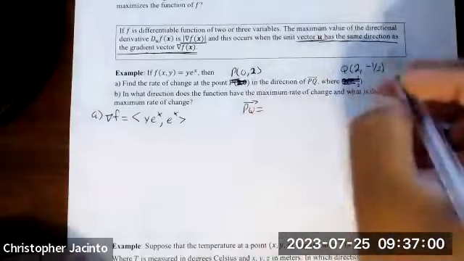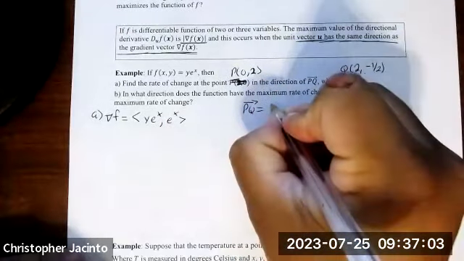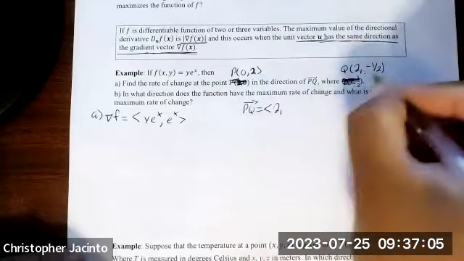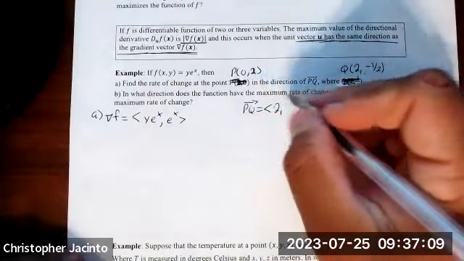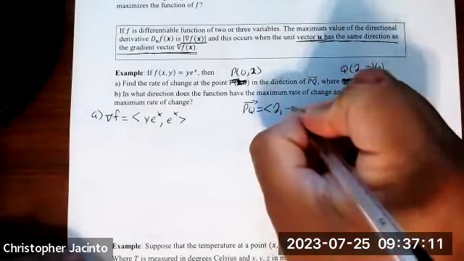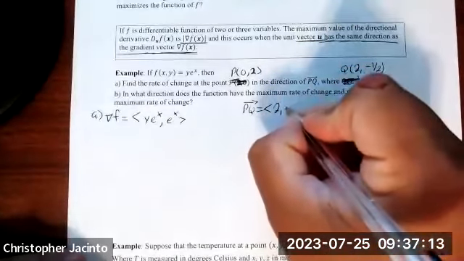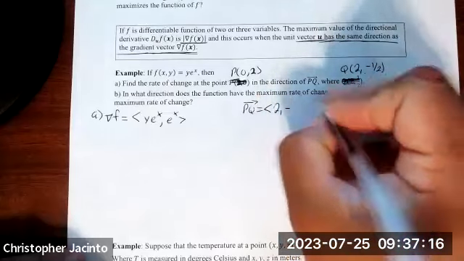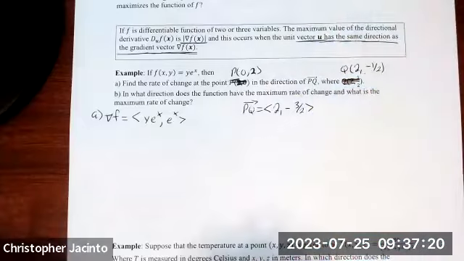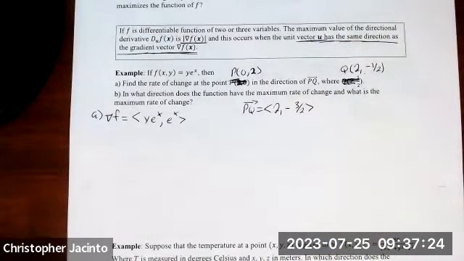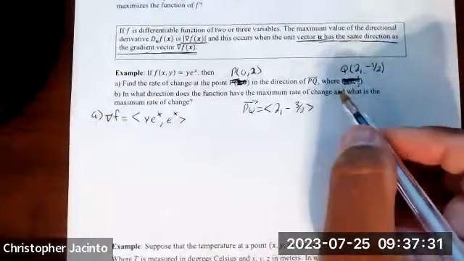We go from here to there. So 2 minus 0 is 2. And then negative 1/2 minus 2 gives us negative 2 and 1/2, or in fraction format, negative 5/2. Okay, so we got the vector portion.